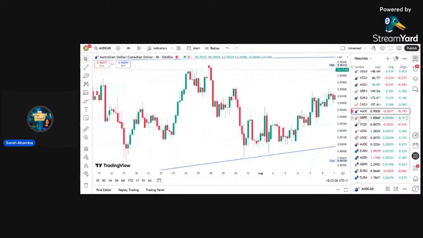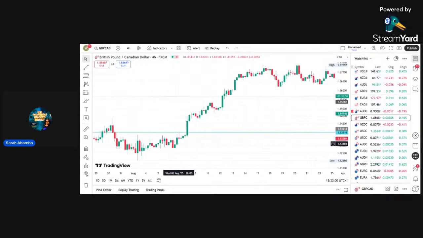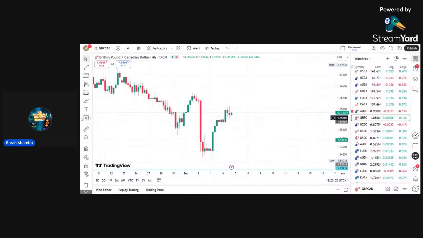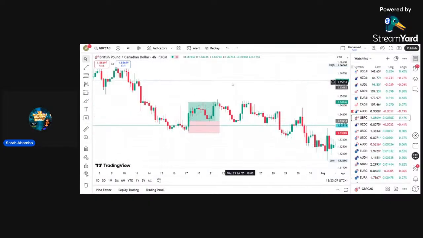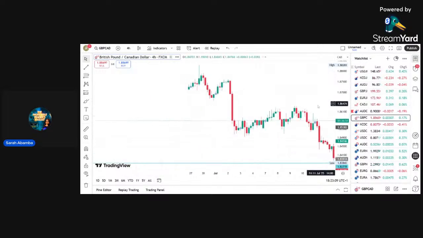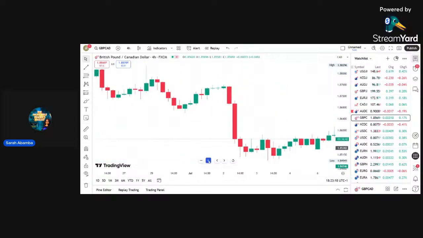Let's go to another pair. Let's see GBP CAD. We're looking for a bullish or a bearish pin bar that is formed at a support. These are your conditions. Okay, I've seen one here in the middle. Let me expand my chart.